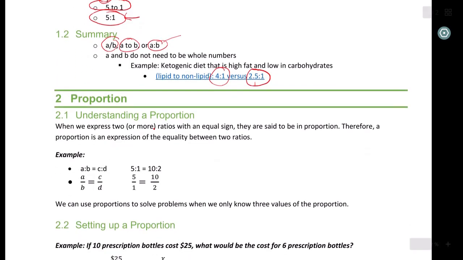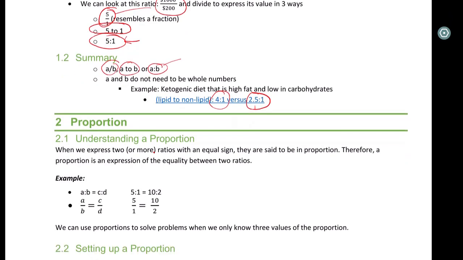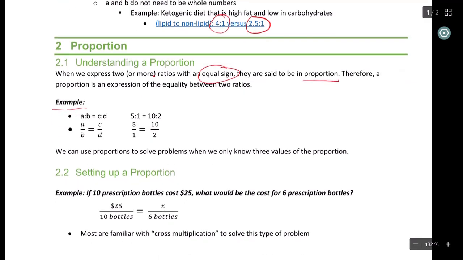When we have a ratio that we've established and we set it equal to another ratio with an equal sign, then we're now dealing with proportions. And most of us have seen some proportions, even if you didn't call them proportions, but we usually see them this way, where you have one fraction equal to another fraction.